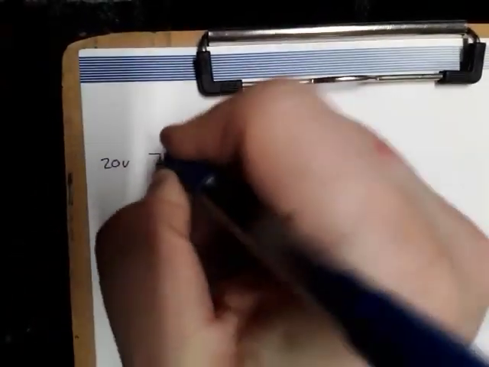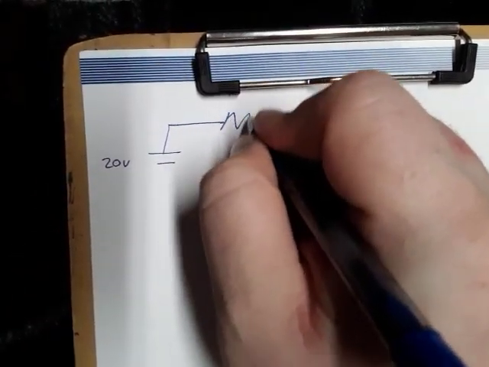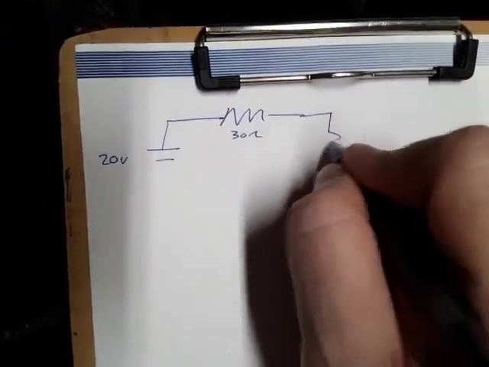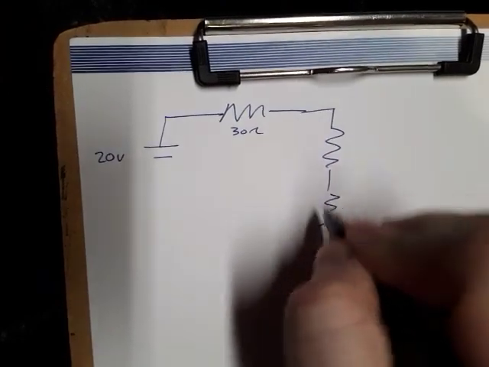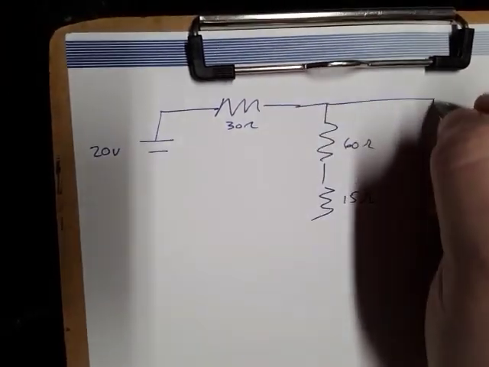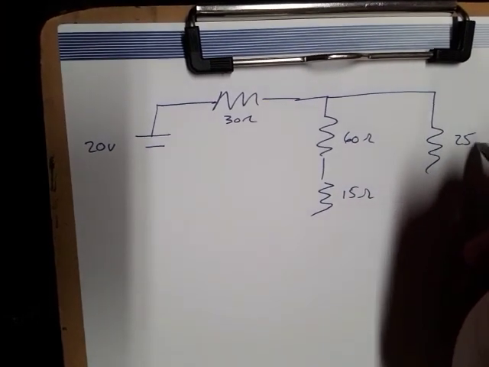New paper. All right. This is the original circuit, so 20 volts, 30 ohms, 60 ohms, 15 ohms, 25 ohms.